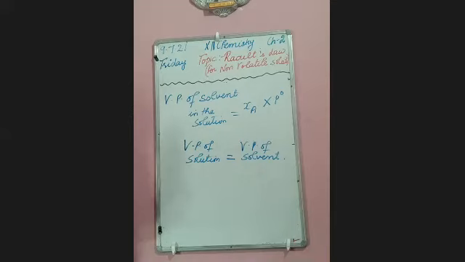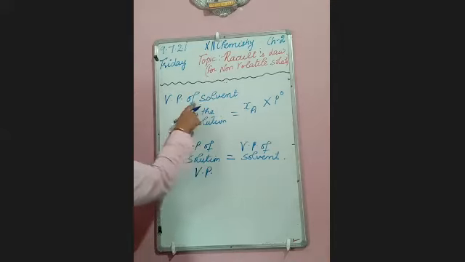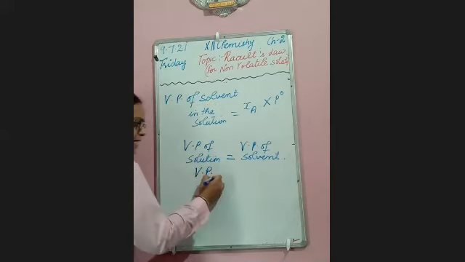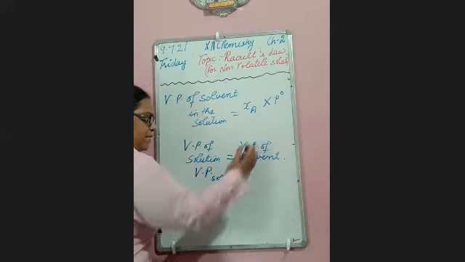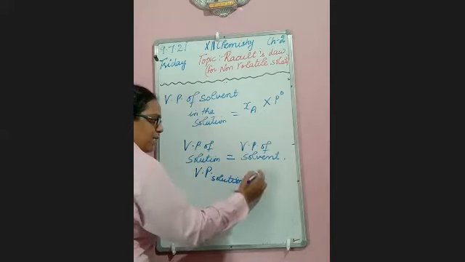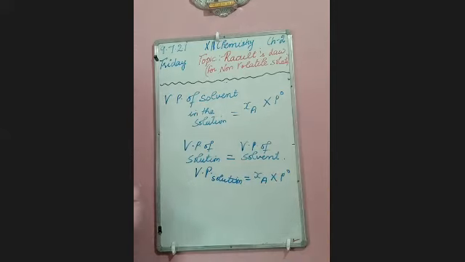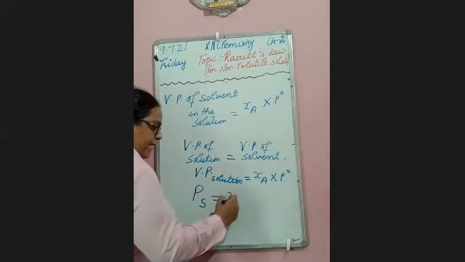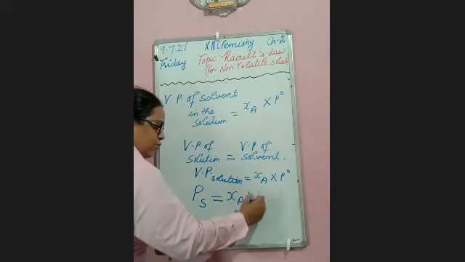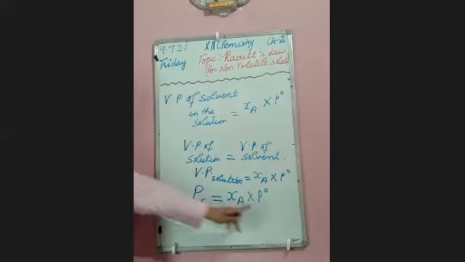I hope it is clear to you? So the vapor pressure of solution is again due to the vapor pressure of solvent, which is equal to the mole fraction of solvent into its vapor pressure in pure state. In terms of symbols, I can write Ps will be equal to mole fraction of solvent into P naught, the pure state.